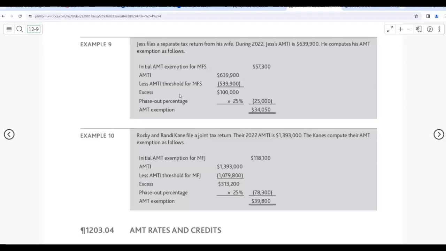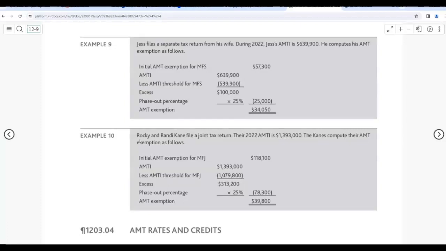I'm looking for the big AMT example, but before that, we do one. Let's do a joint return, this one. Rocky and Randy Kane file a joint return. Their 2022 alternative minimum tax income is $1,393,000.